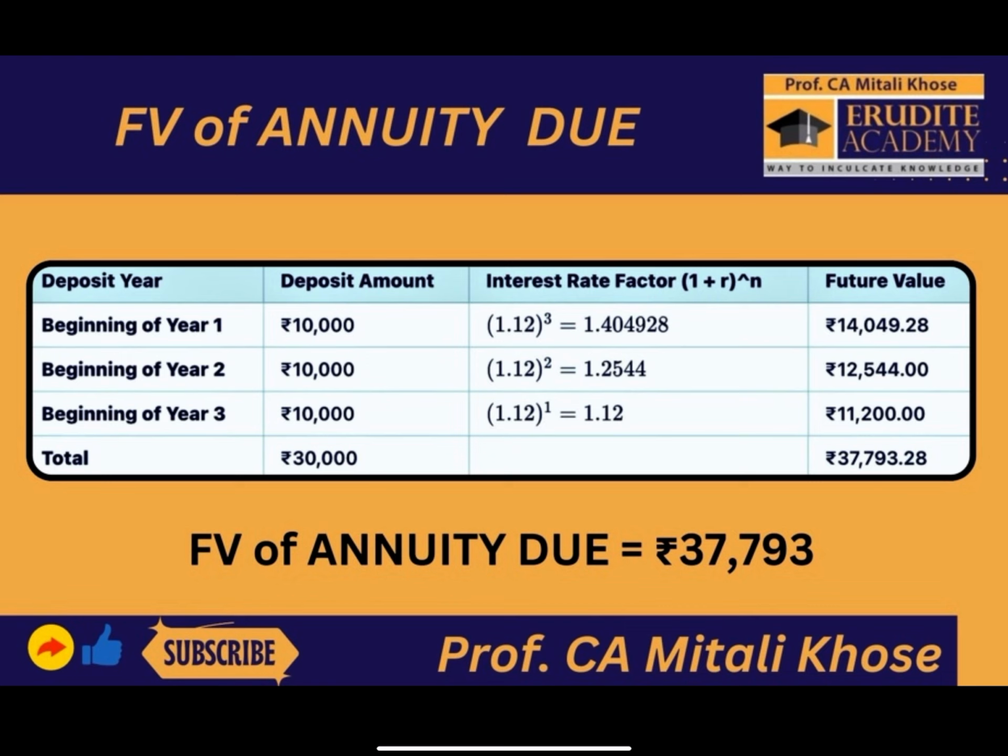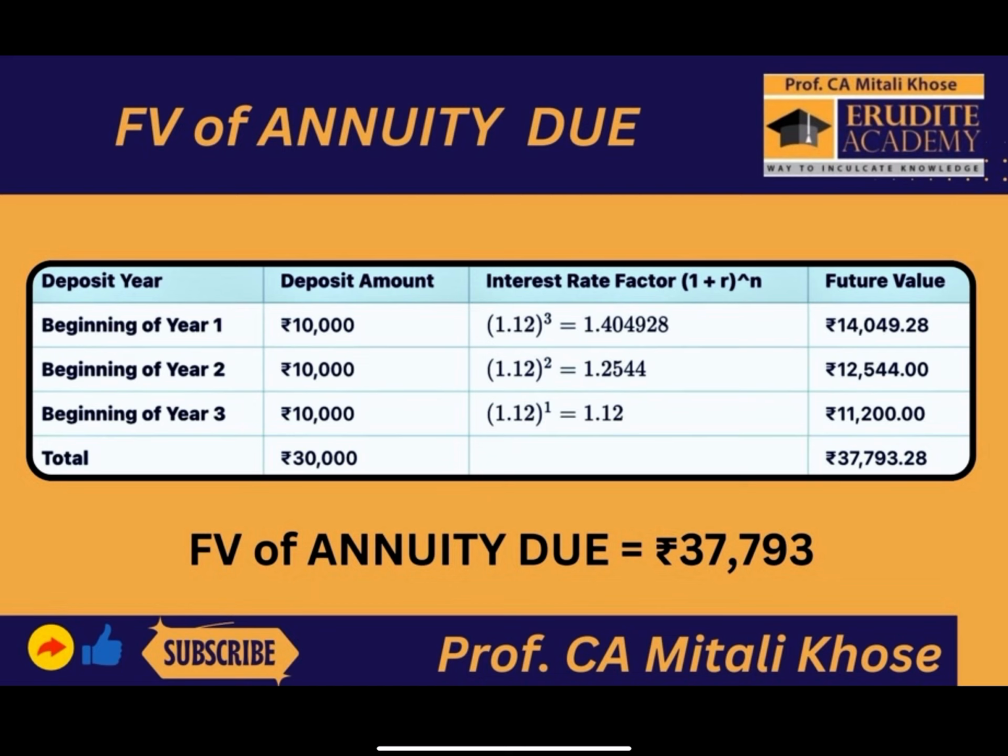And similarly, on rupees 10,000 which are deposited at the beginning of year 3, the interest will be earned at 12%. Hence, future value of annuity due will be 37,793 rupees approximately.